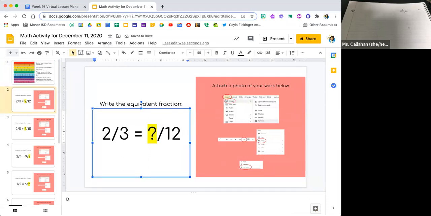Okay, 12. All right, so now what we're going to do is we're going to copy these exact fractions into our notebook. So 2/3 is equivalent to, okay, and on our page it said question mark over 12.